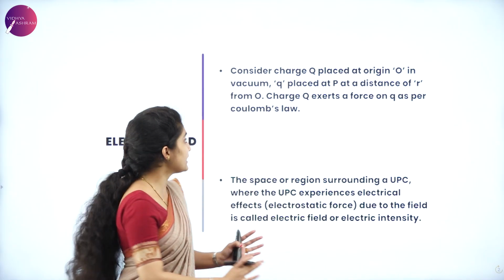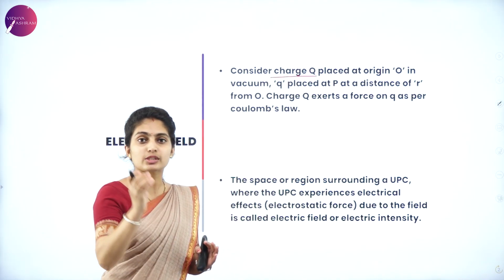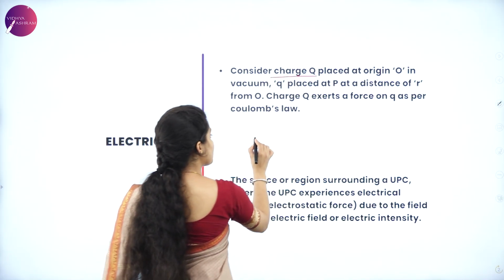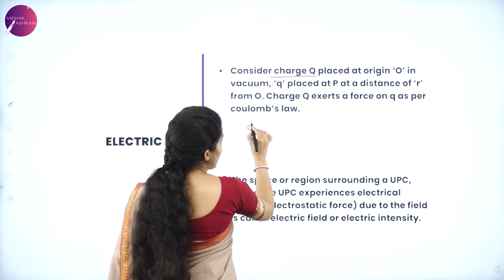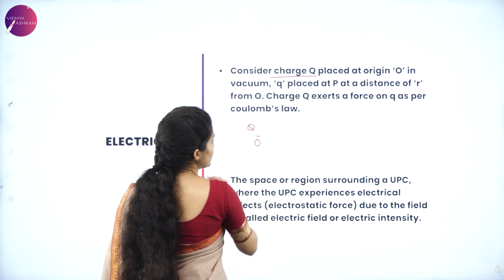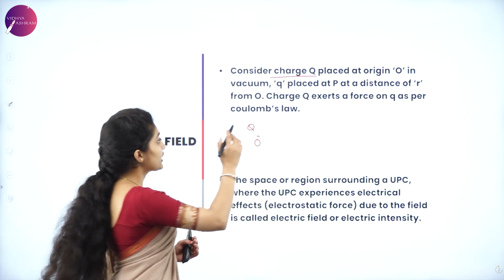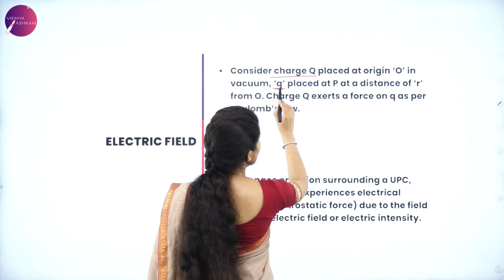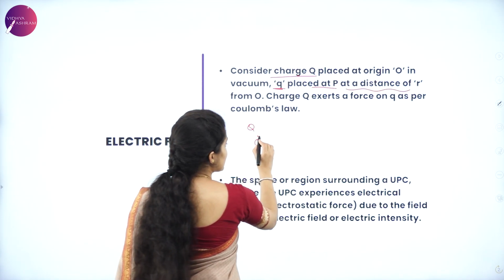So here we have to consider a charge Q which is placed at an origin. Suppose we consider this as the origin, the Q charge is placed at this point, that is origin O, in vacuum. And small letter q is placed at P at a distance R. So what is the distance?